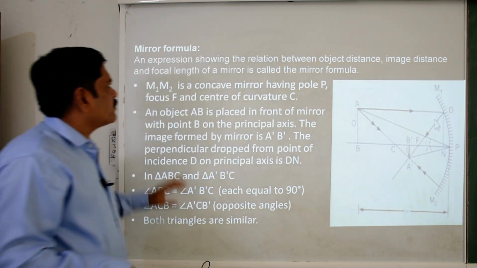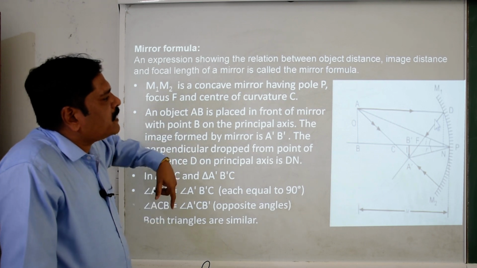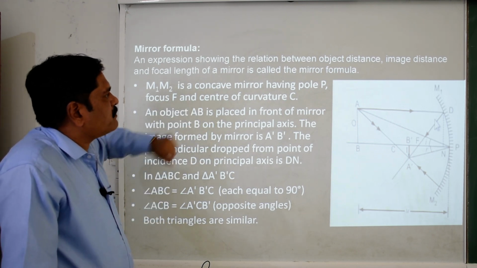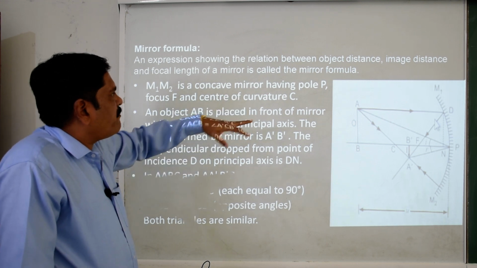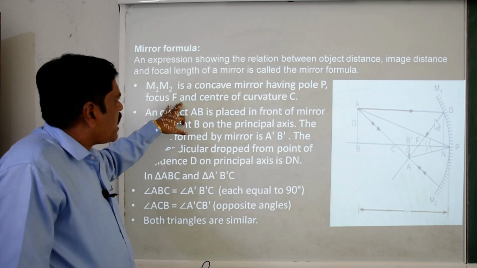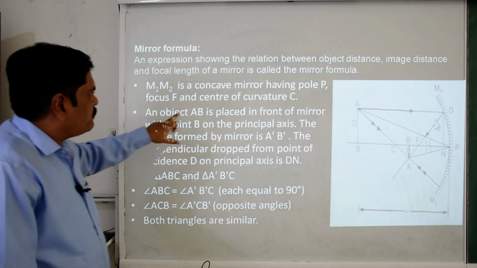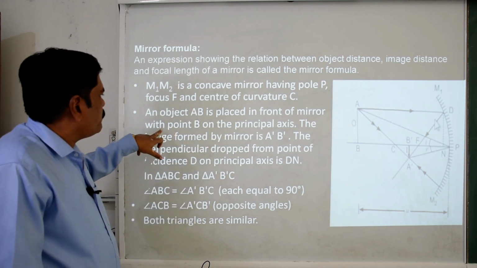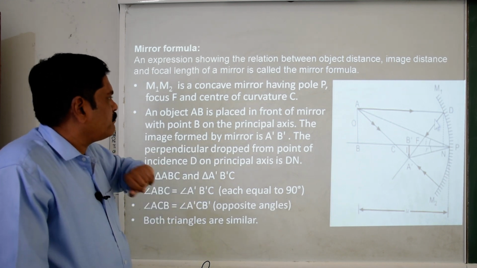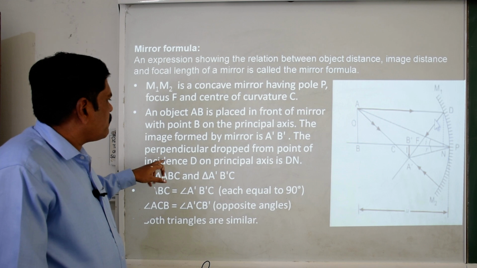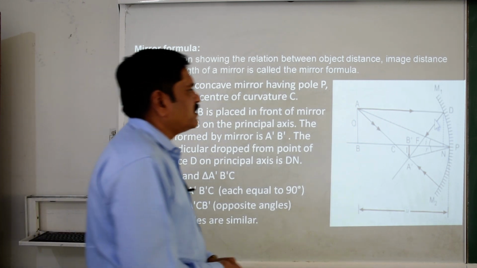Now, we already learned what the mirror formula is. Now we are going to derive it. This M1 M2 is the concave mirror having pole P, focus F and center of curvature C. Then an object AB is placed in front of the mirror with point B on the principal axis, and the image formed by the mirror is A dash B dash, and the perpendicular dropped from the point of incidence D on the principal axis is DN.